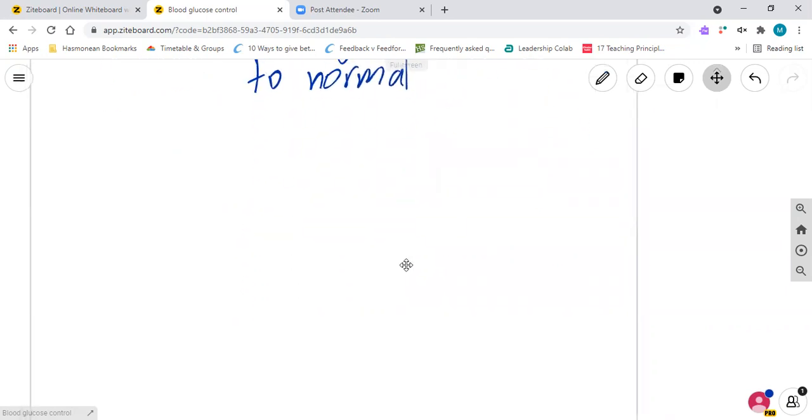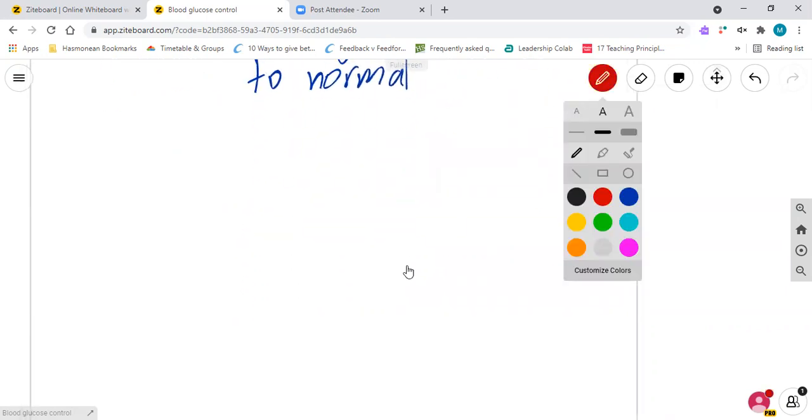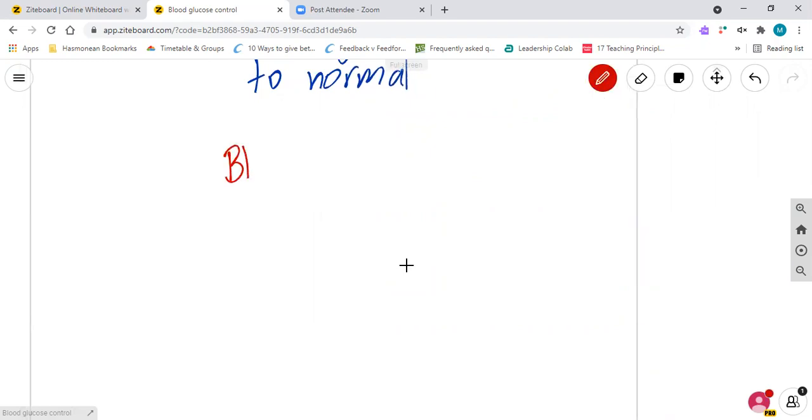Now, what about glucagon? Well, by the same token, let's imagine your blood glucose level falls. So this time, you've not eaten for a while, you've fasted, your blood glucose level falls.